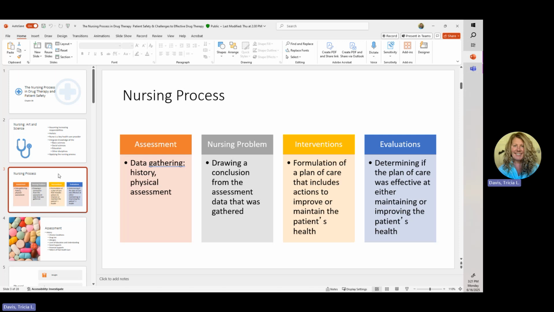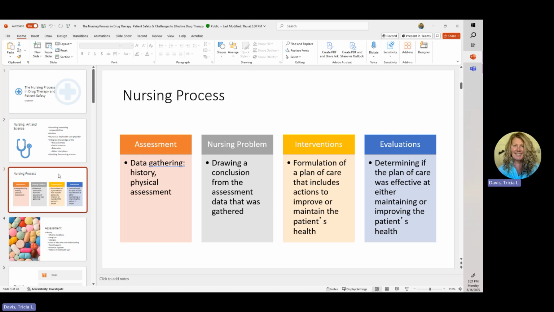So what we want to know is we want to identify any actual problems that we see at this time that we know we have to take care of, but we also want to make a list of problems that we know this patient could potentially develop. Okay, so we talked about this also last week. So your patient may come in, they may have pneumonia.